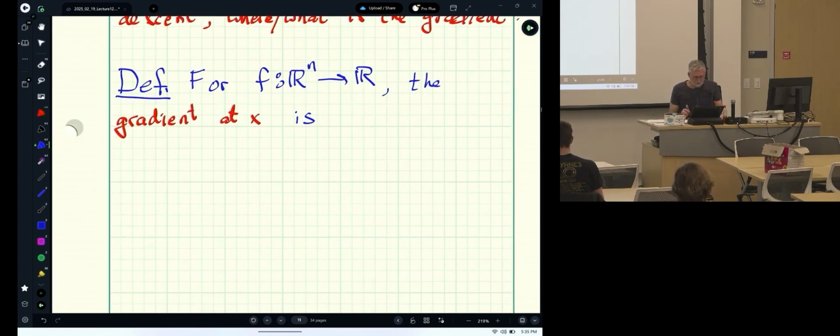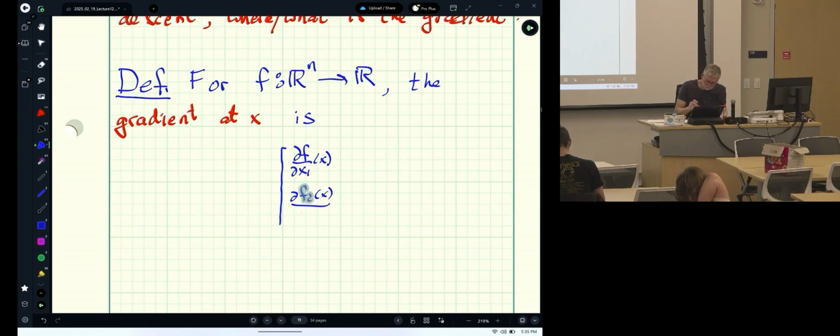So the gradient is, let me write down a bunch of partial derivatives. Whoops, there is no F2, there's only F. But there's an X2.